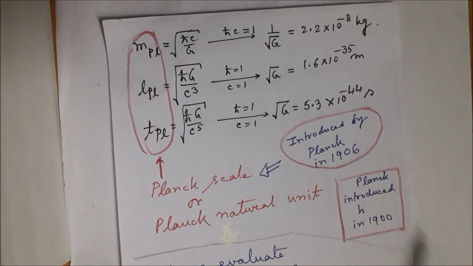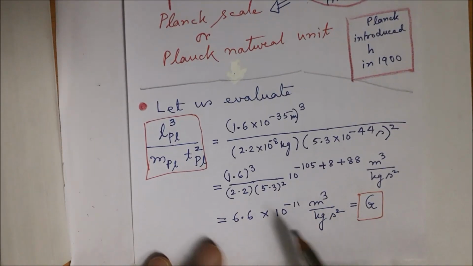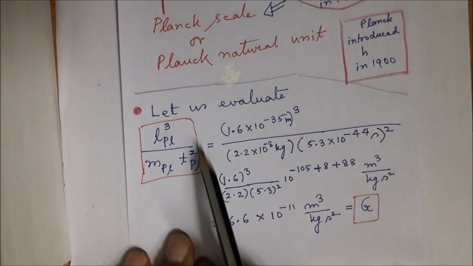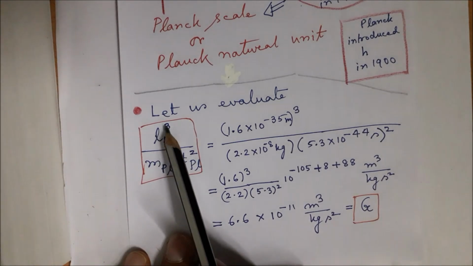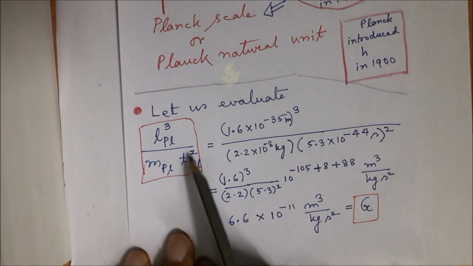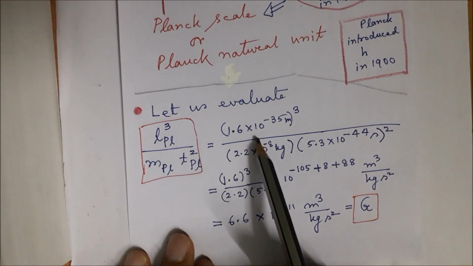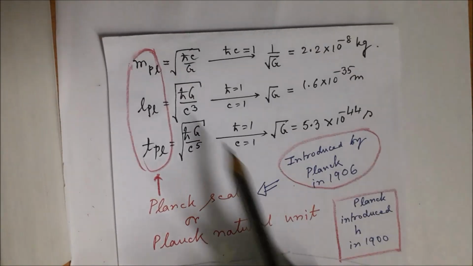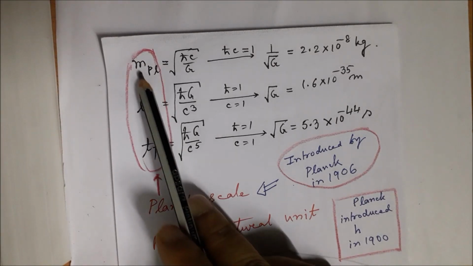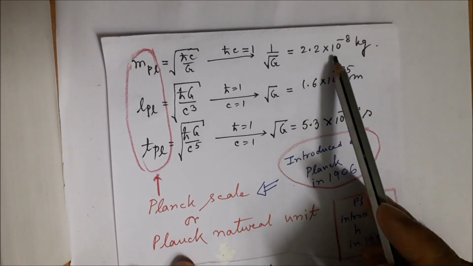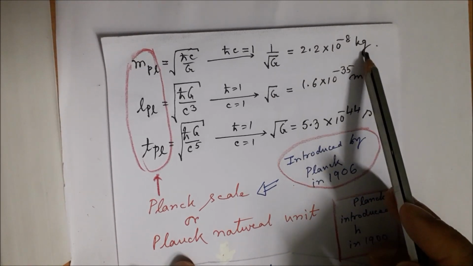For a bit of academic interest, let me show you certain important relations. This combination, Planck length cubed divided by Planck mass divided by Planck time squared, if we put in the values, turns out to be G. Here one thing is very important, that is Planck mass. Planck mass is 2.2 into 10 to the power minus 8 kg.